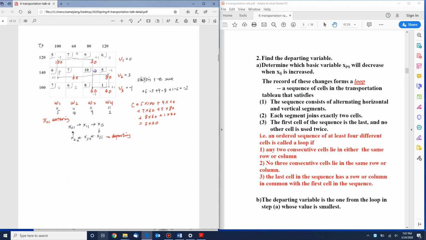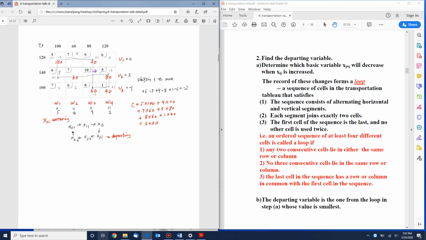You may choose either of them to be entering variable, but here I choose the first one, so x21 to be entering variable. You can try to choose x23 to be entering variable. You could work on that. Here I just simply choose x21 entering.